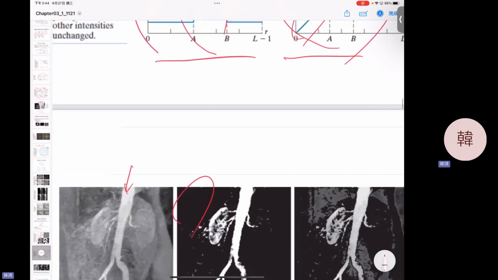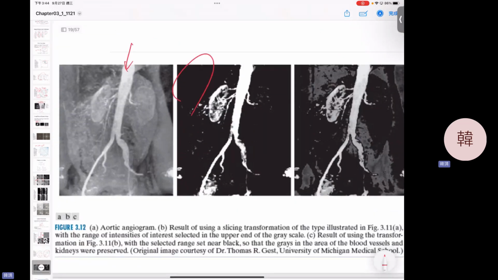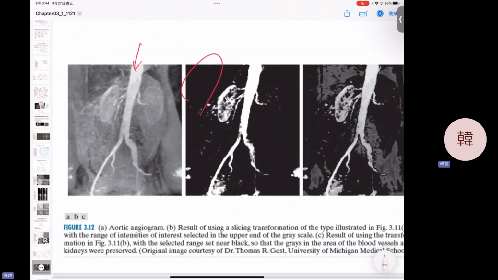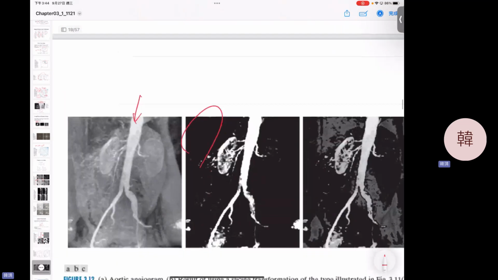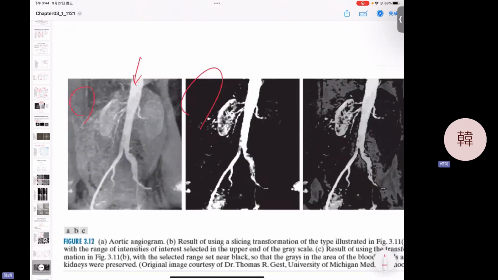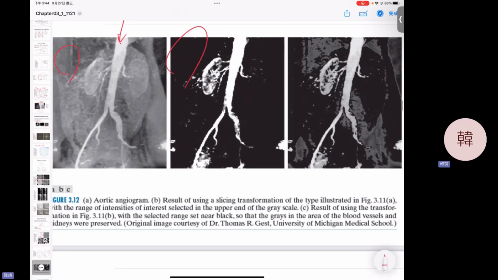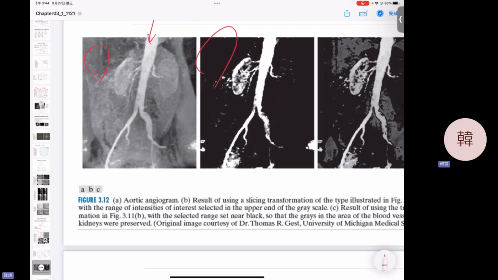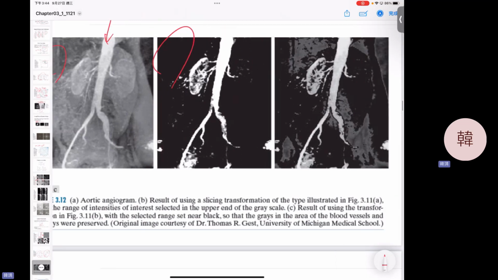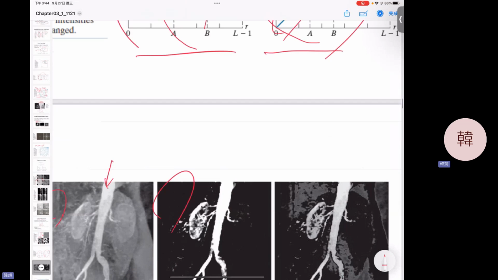How about this one? This is the C image, the result using the transformation of B with the selected range near black. So what kind of image is near black? Maybe this one. And what did I do? So let the gray in the area of the blood vessel and the kidney be preserved. Okay, so everything else will be preserved.